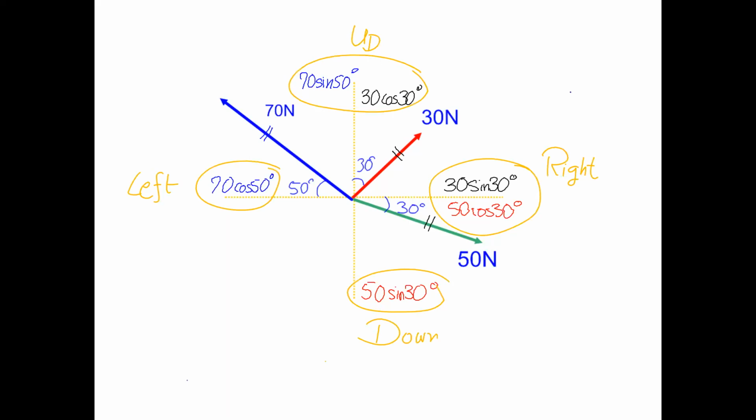So I have marked the right and left, up and down. So mark in the same way. Done, sir.